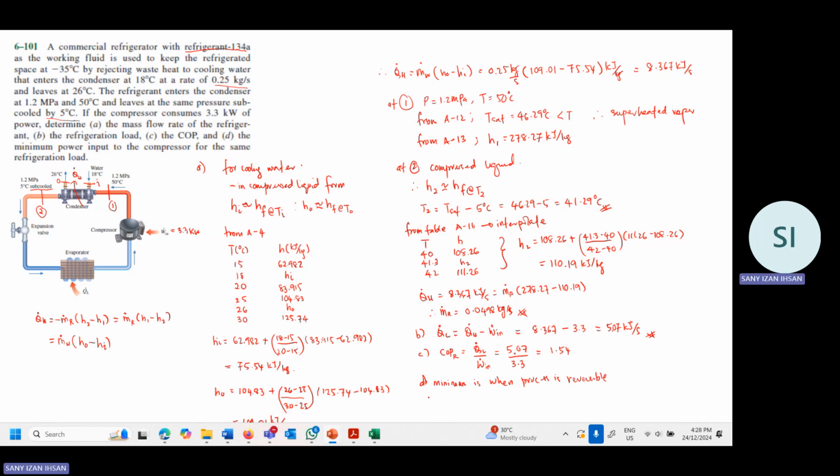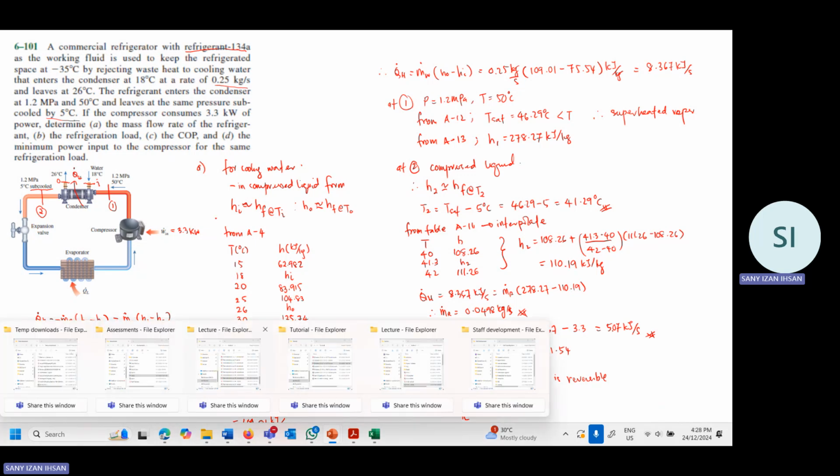So in that case, your COP for refrigeration is nothing but 1 over TH over TL minus 1. That would be the equation. But what about our TH and TL? We know TL will be the temperature at the lower, we are talking about keeping the refrigerated space at minus 35 degrees Celsius.